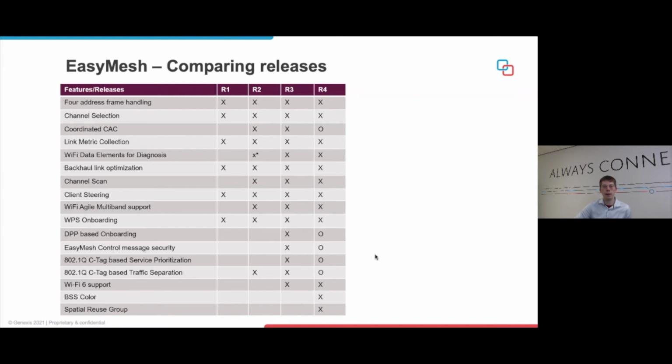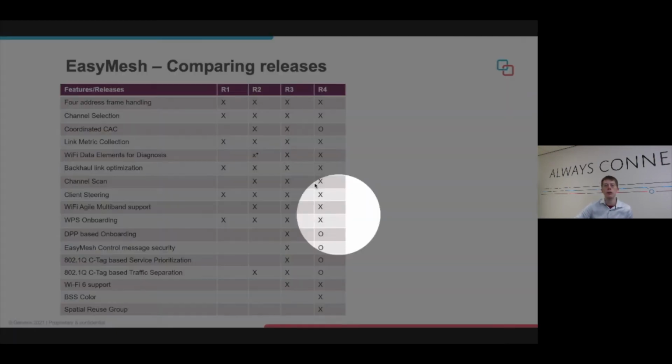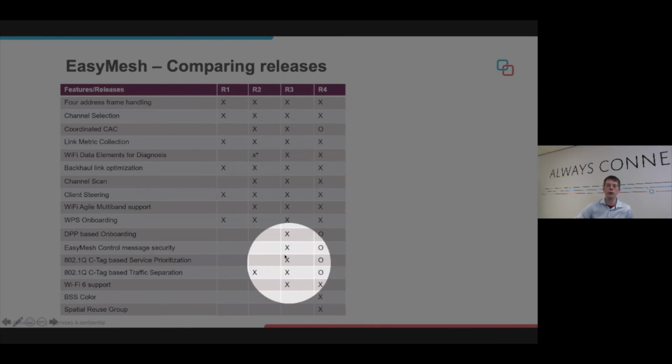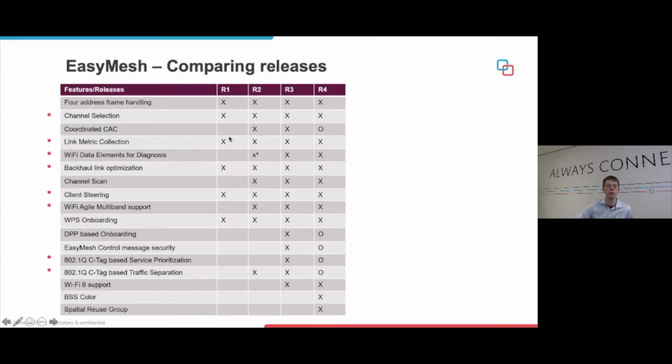But as you can see, a lot of stuff has been added over time. There's new stuff coming. And some particularly interesting gaps have been resolved between R1 and R2. So for example, things like the channel scan, which of course is very interesting to understand a little bit more what the wireless environment looks like.